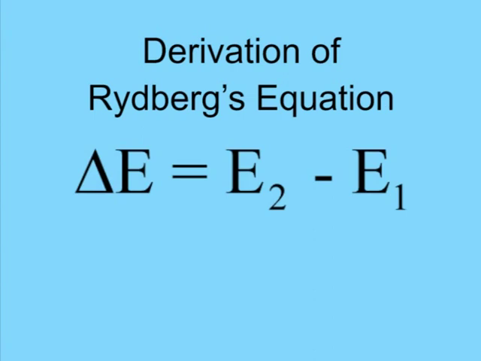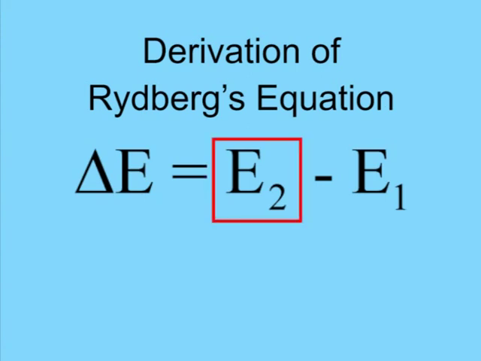Derivation of Rydberg's equation. When an electron jumps from a lower stationary state to a higher stationary state, the amount of energy absorbed or emitted is written as delta E is equal to E2 minus E1.